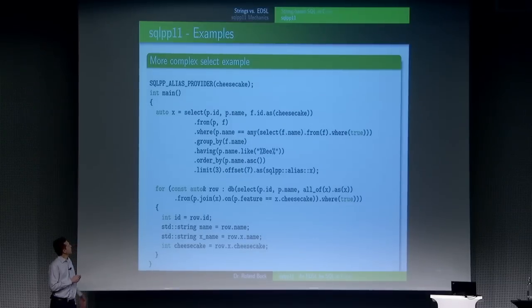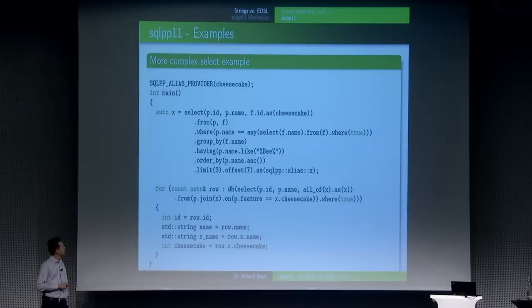This name is defined above here in some macro that does something to make this work. All right, then from several tables, then some condition with a subselect in here, then group by, having, just to show that they are there. And then we give the whole thing, this select, a name again. So we say, okay, this whole select as X. And then we can use this object here as a table, just like you know it, hopefully, if you know enough SQL: you can use selects with a name as a pseudo table in from.